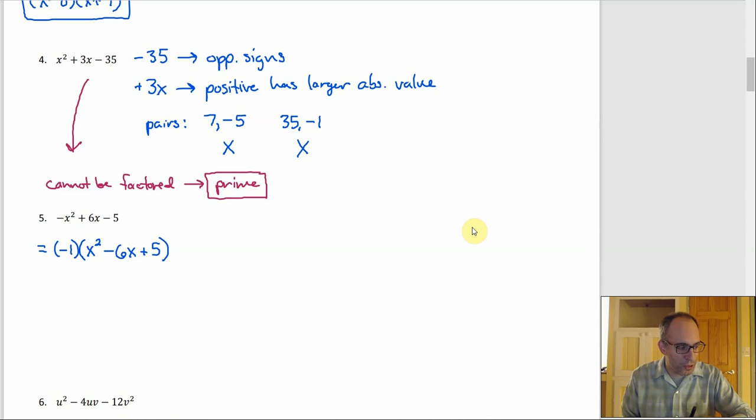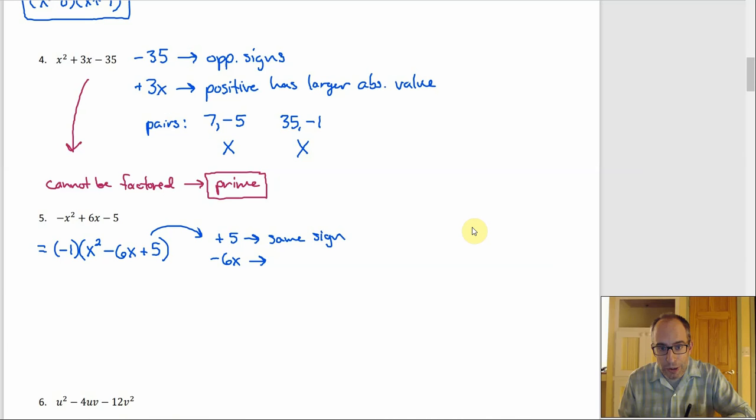Right? And then for the thing that's inside the parentheses, you have a plus 5 on the end. So that means that your m and n must have the same sign. But then minus 6x, so that negative middle term means if they have the same sign, they've both got to be negative, so you get a negative middle term. So both negative.